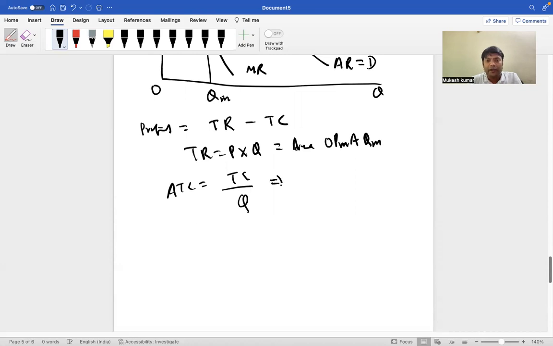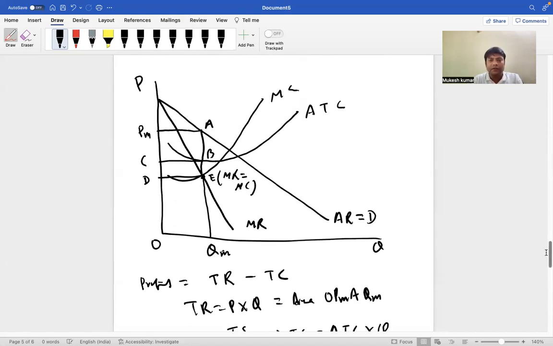So total cost is average total cost into output produced. For this many units of output, the average cost is BQM, into OQM. So the total cost, we can say, is the area OCBQM.